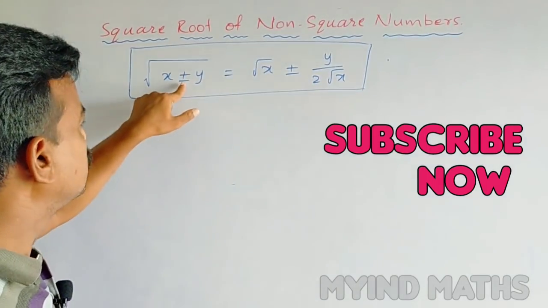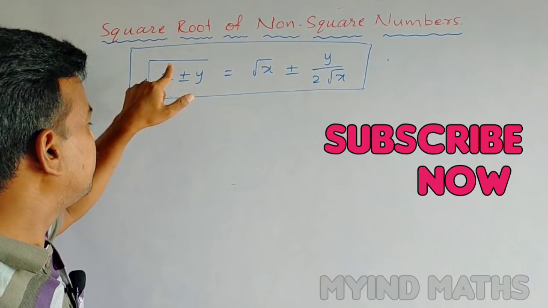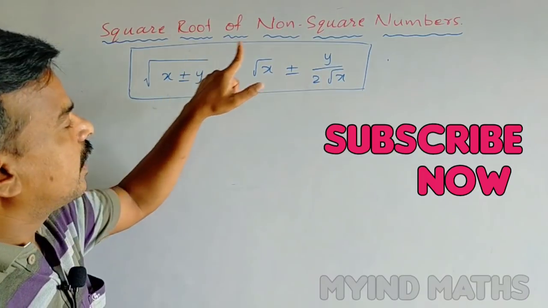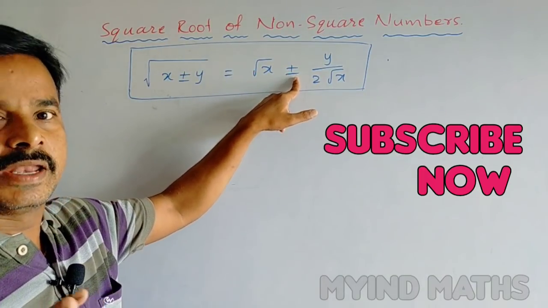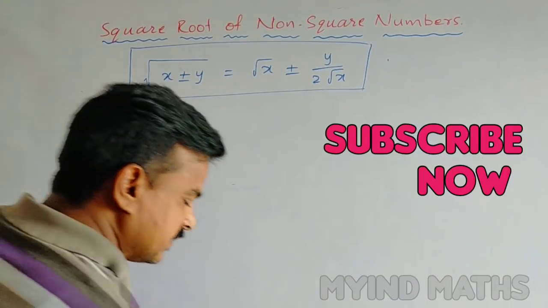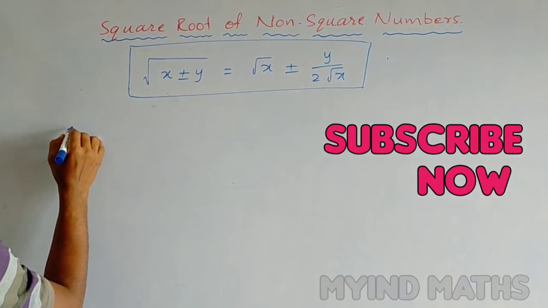Here two symbols came, plus or minus. If here is plus, there will be plus; if here is minus, there will also be minus. Keep this formula in your mind. Now take the number 29.